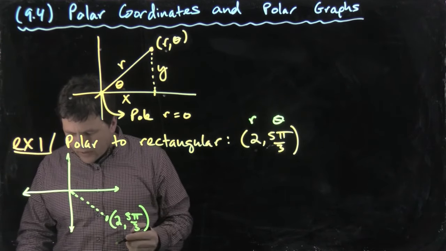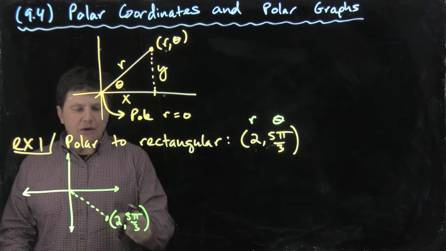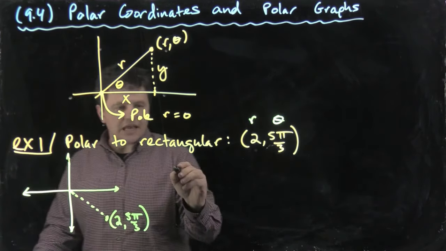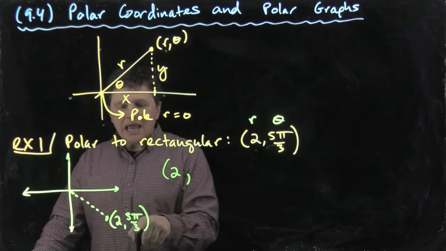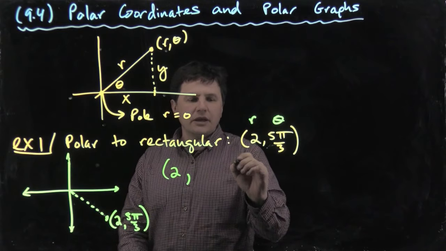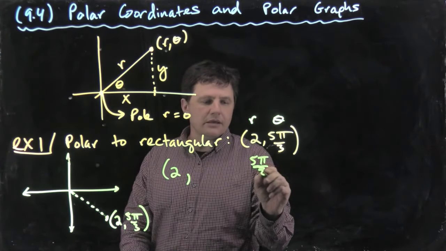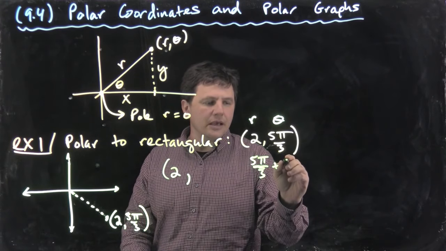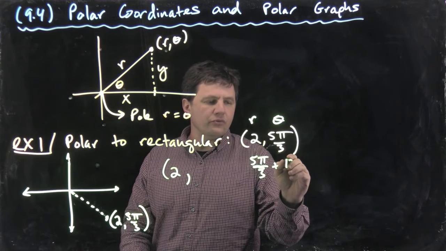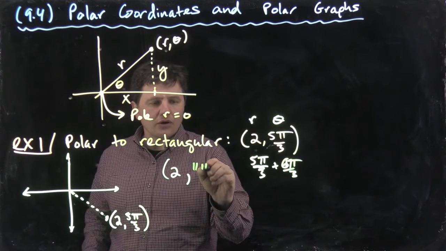Now, one thing I want to point out to you here is, like I said, there's an infinite number of ways to describe that point. One, actually we can go all the way around again. So that could be 2 comma 5 pi over 3 plus 2 pi. So that would be 11 pi over 3.